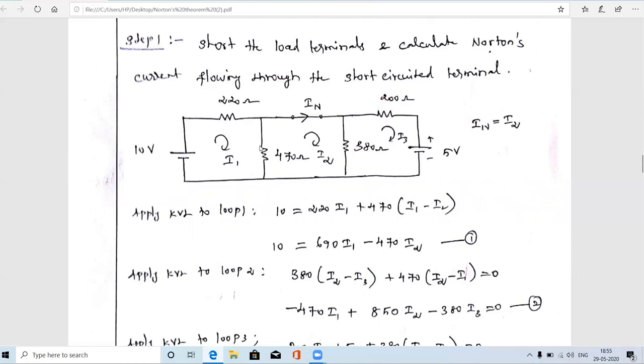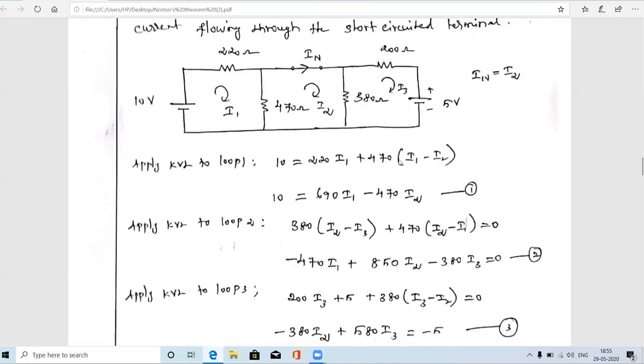The current I1 flows in this direction and I2 flows from bottom to top, so they flow in opposite directions. The resulting current through the 470 ohm is I1 minus I2. Splitting the terms and collecting 220 I1 and 470 I1, adding those two, we get 690 I1 minus 470 I2 equal to 10. This is equation number 1.